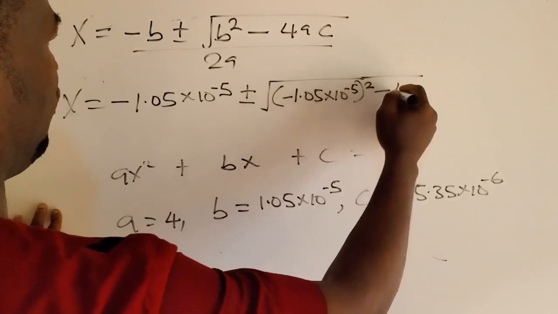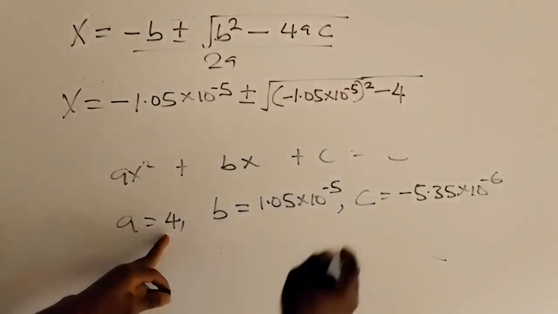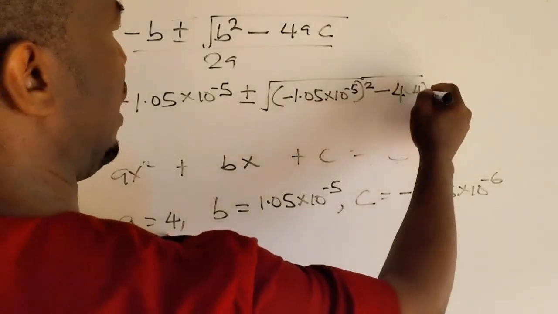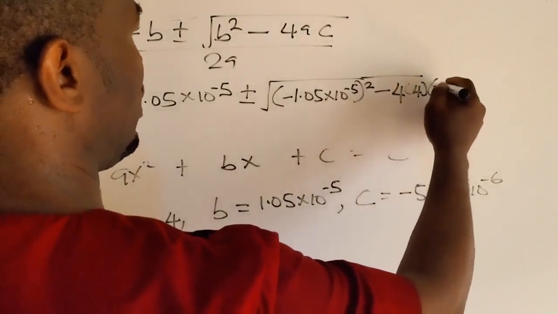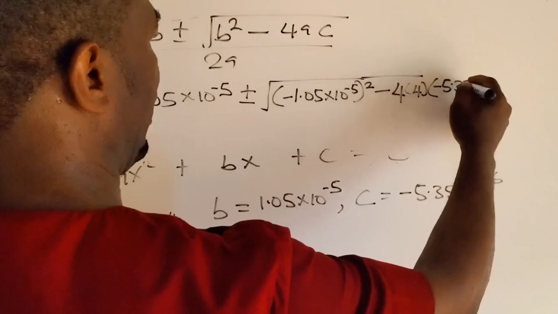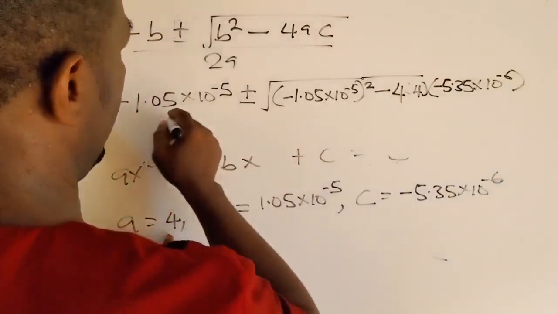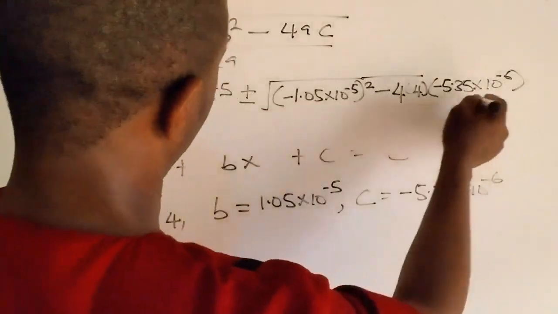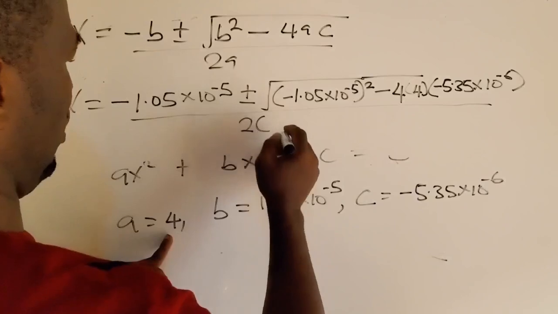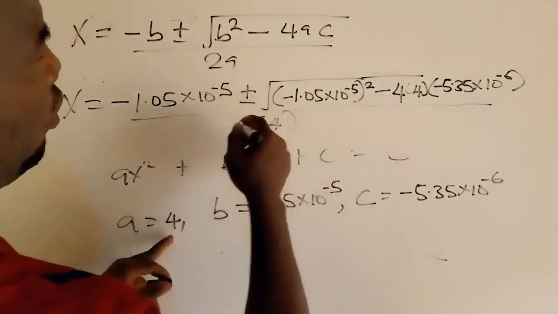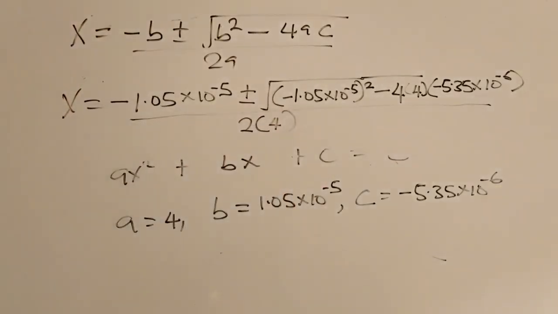Then minus 4AC. A is 4 and C is negative 5.35 power minus 6. Everything all over 2A. A, of course, is 4, so 2 times 4. Solving this problem out, what then do we have?